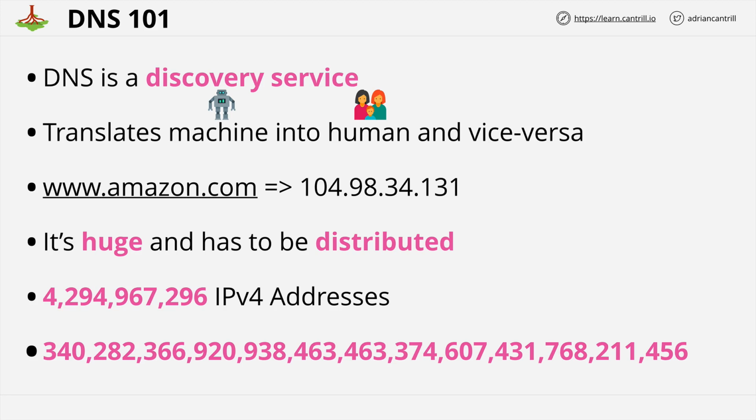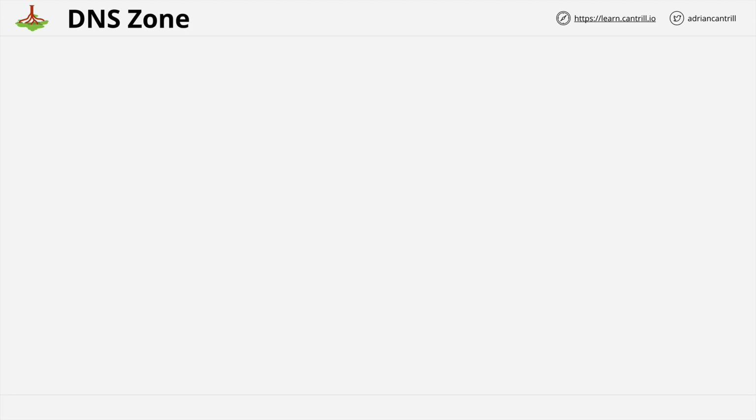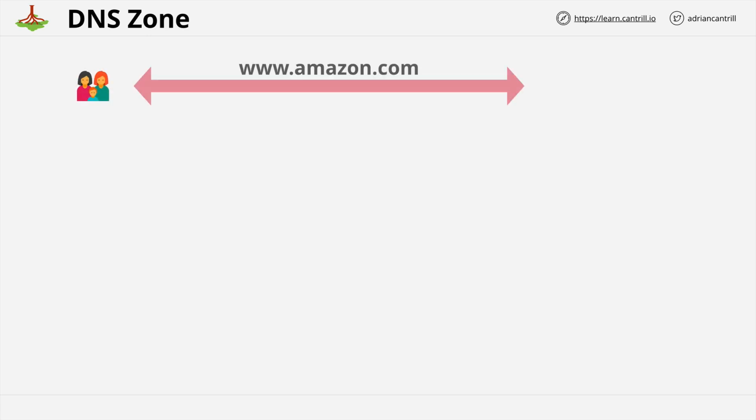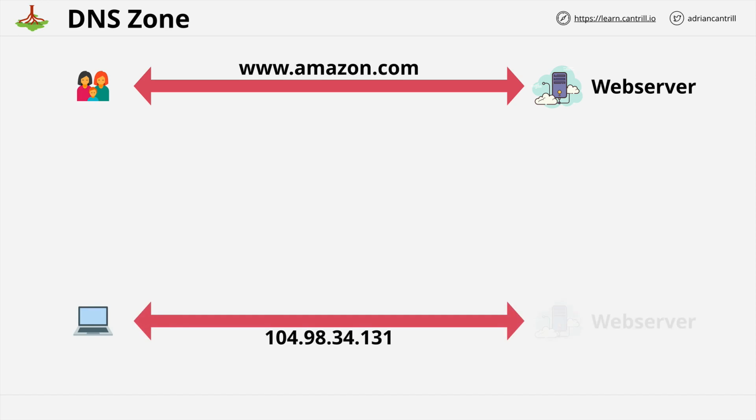So let's explore that. When you use your laptop to browse to www.amazon.com, from your perspective, it just loads. But that's a massive abstraction and simplification. Computers don't work with domain names. For your laptop to communicate to the www.amazon.com web server, it uses IP addresses.